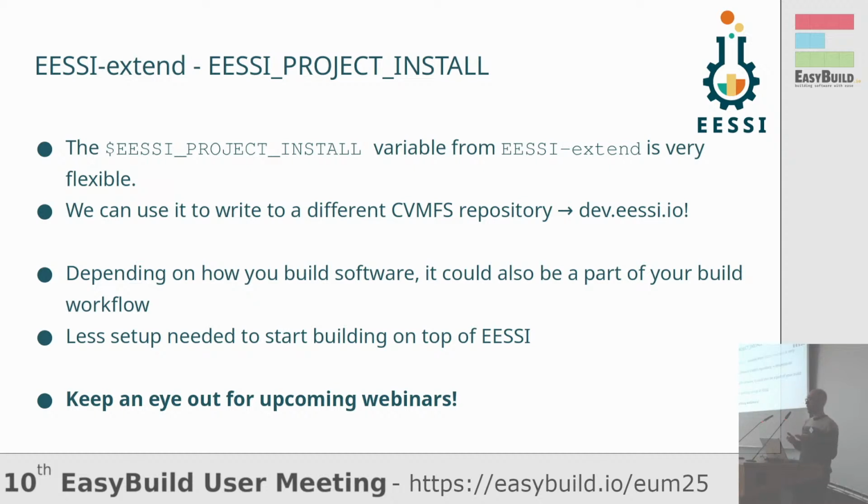Depending on how your particular site is set up, this can be fairly straightforward to integrate in your workflow, to make sure that you're already building on top of EESSI and delivering that software in that way. We try to minimize the setup as much as possible and make it as simple as possible in that context.